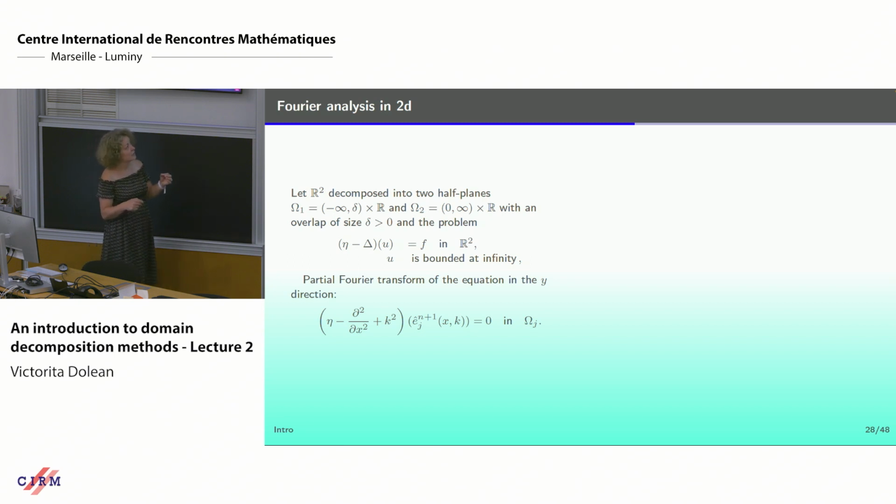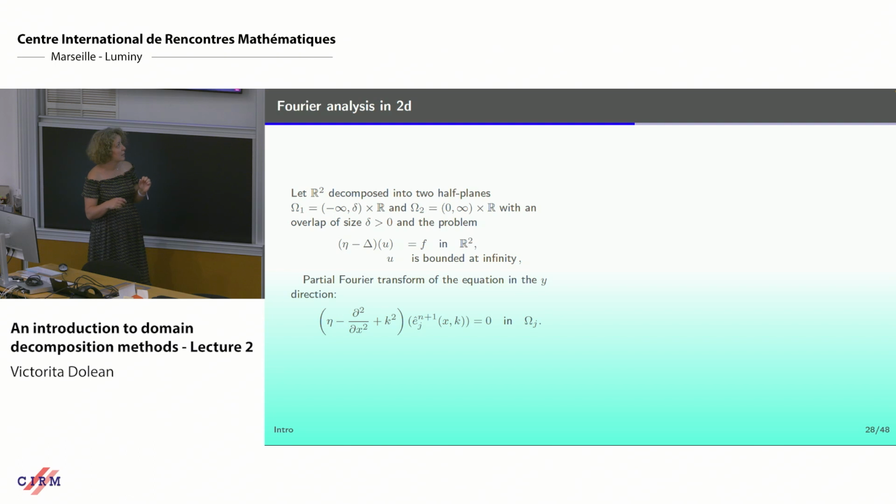So that means you denote by ej hat the Fourier transform of the local error, right? So the partial derivative in y will be replaced by ik times the Fourier transform. So the second order derivative is replaced by minus k squared, right?